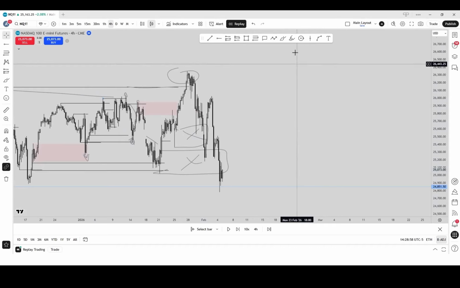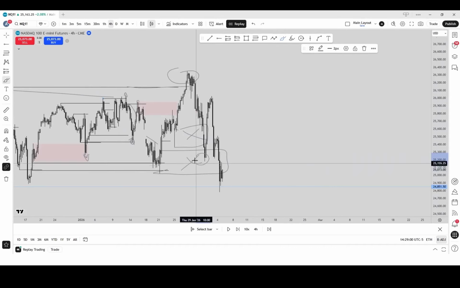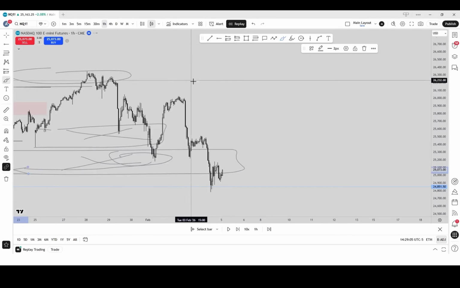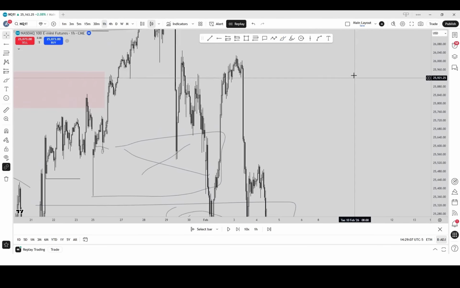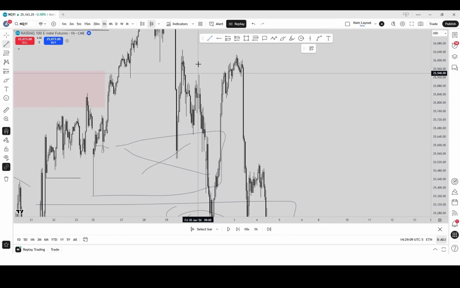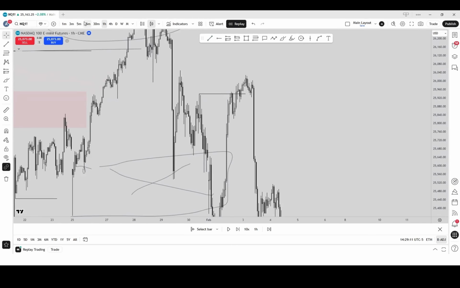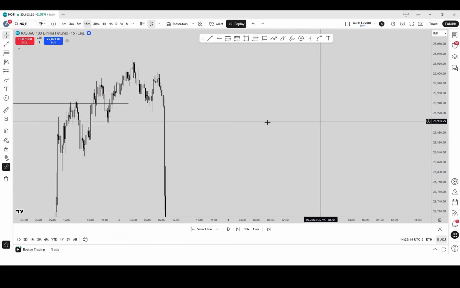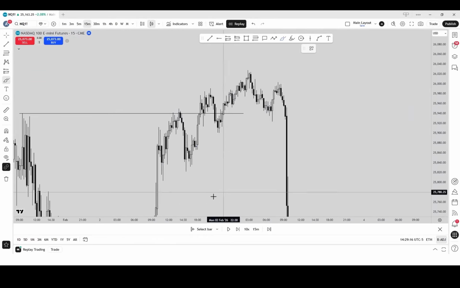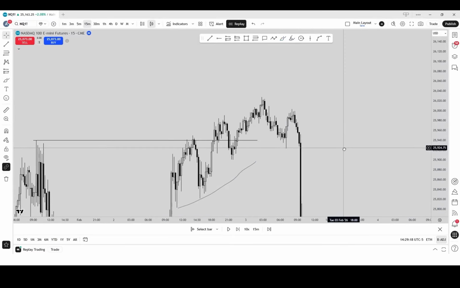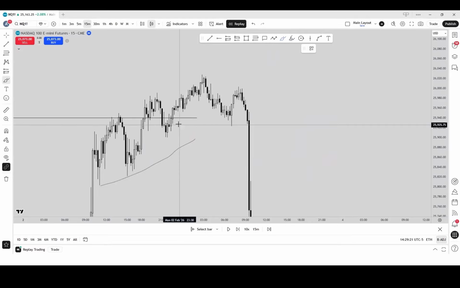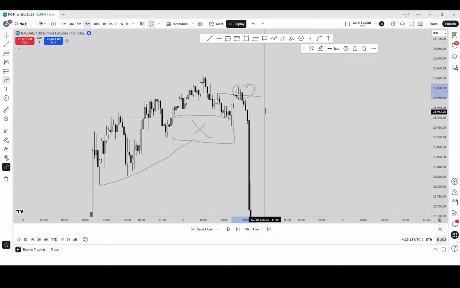And there you go, right? Even this, a very, very nice short happened from here. Look, we built liquidity there, and we induced. And if you look at what we do here: built, came into the low, boom, trapped sellers.